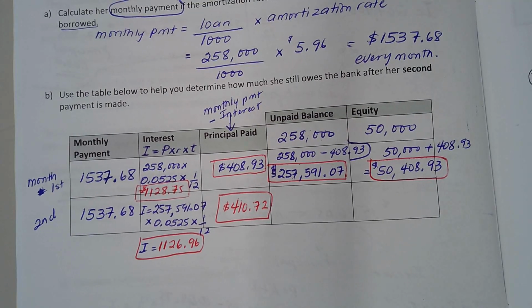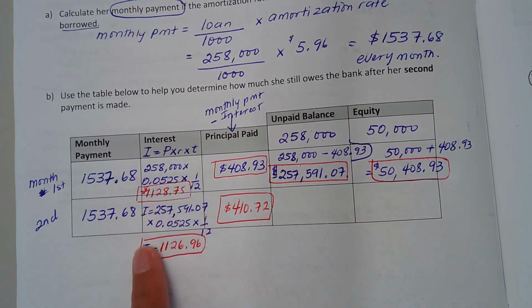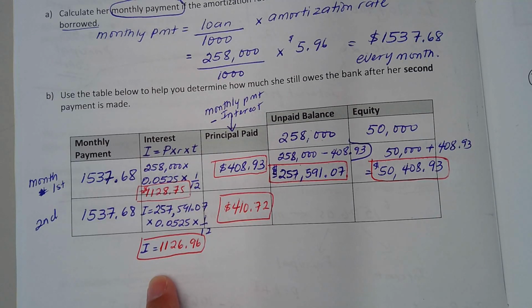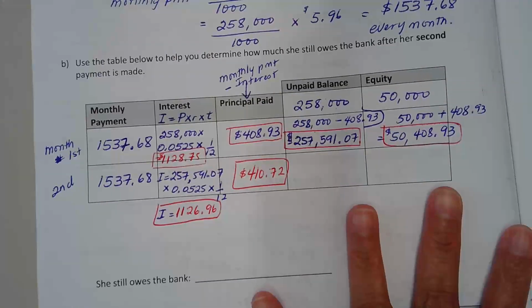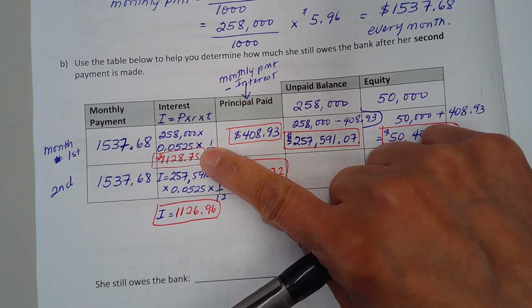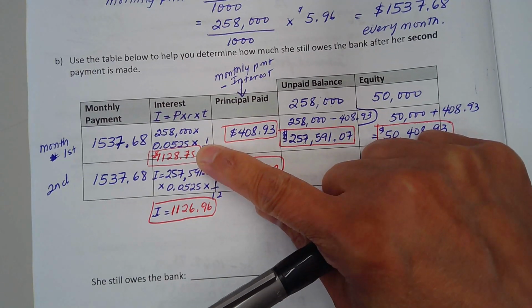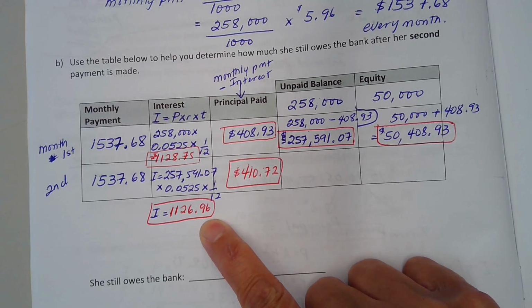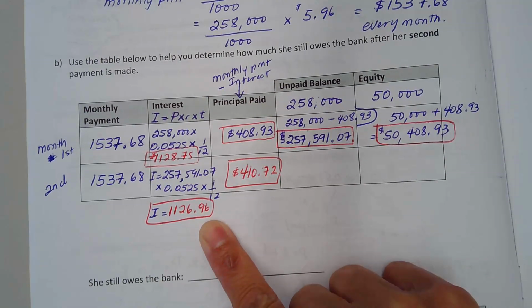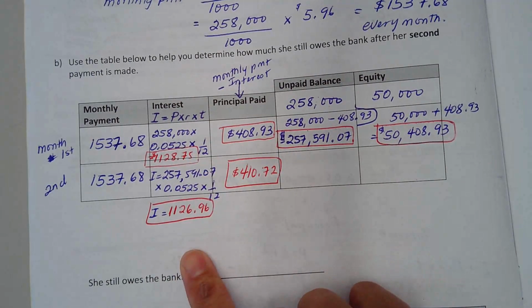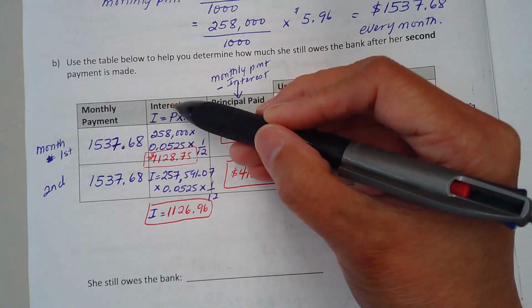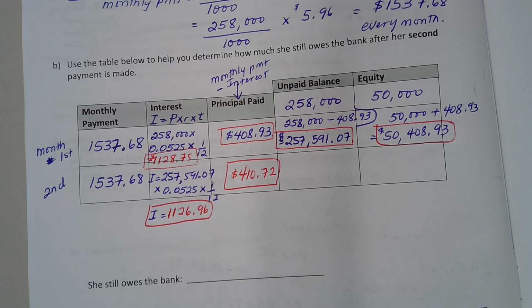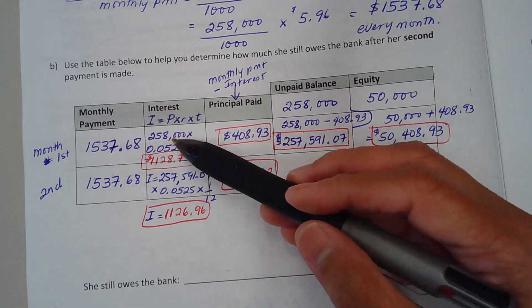Now, what's happening to the interest? Is it going down, going up? On the first month it's 1,128, and then the second month it's 1,126. So the interest is going down. Why do you think it's going down? Less money to pay, since you paid some of your loan off. Yeah. The principal is the one that's going down each time, so your interest goes down.